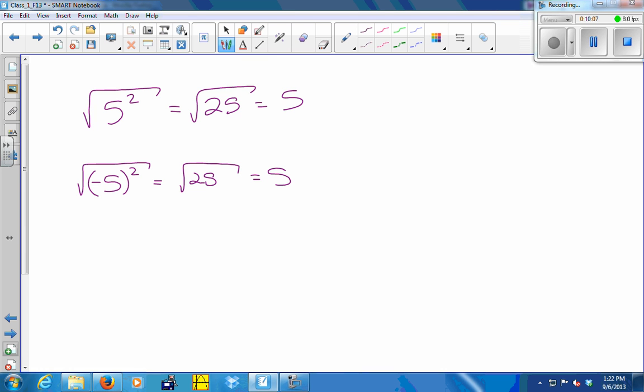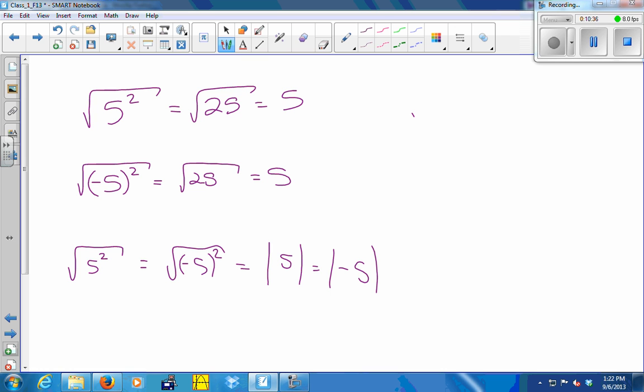So in both cases, they both give me the absolute value of the number inside. Does that make sense? So whatever number I'm squaring and square rooting, the answer is always going to be the absolute value of that number.